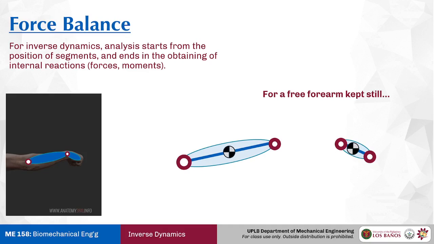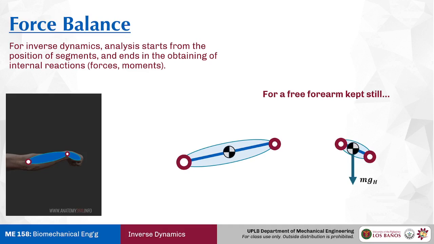Because the forearm and the hand are just being kept level, there is only one external force acting on them, and that is gravity. Here, for example, at the most distal segment, you have your hand.